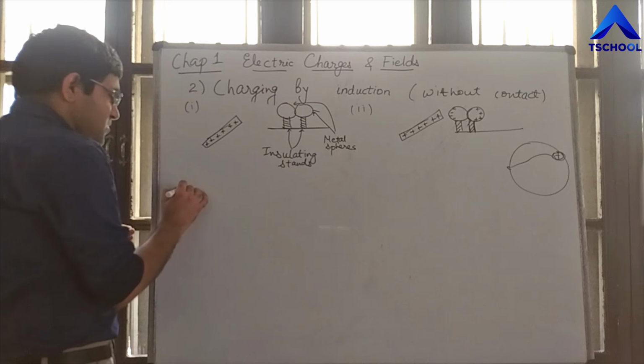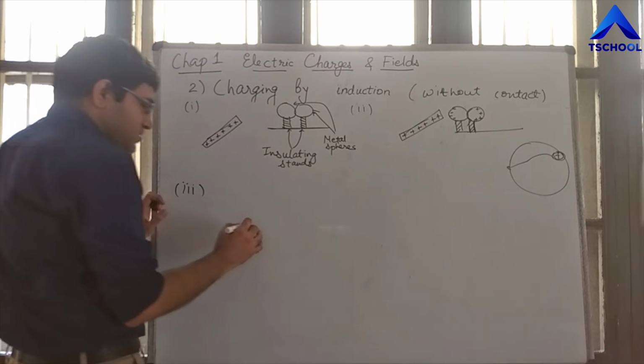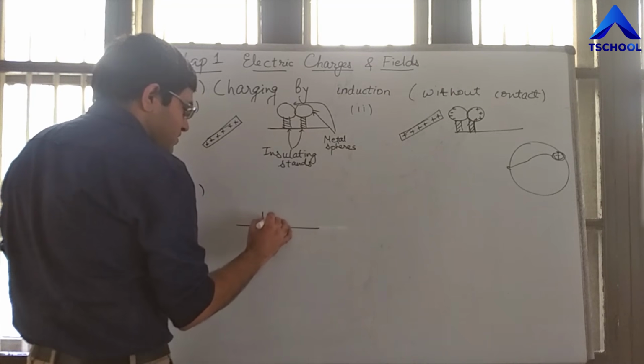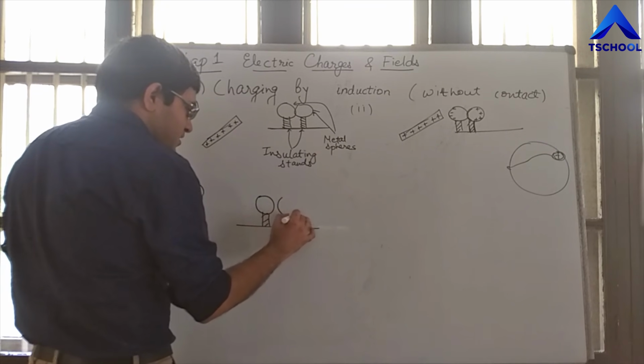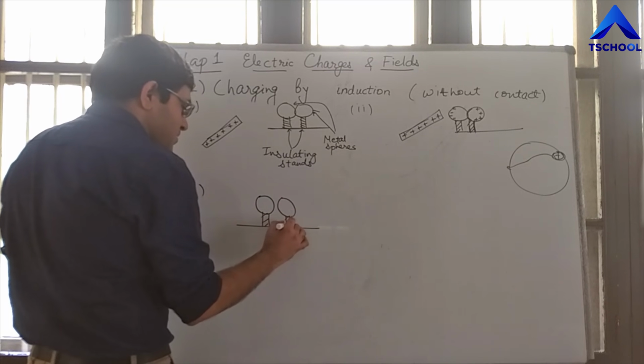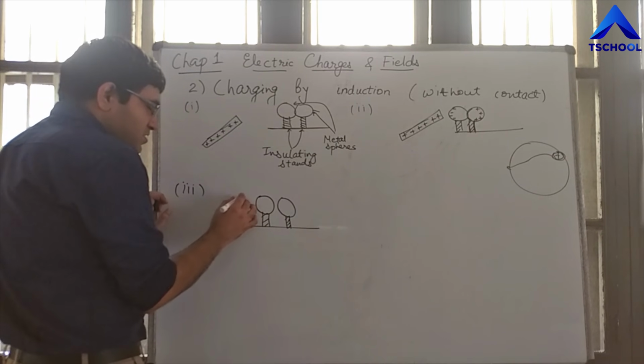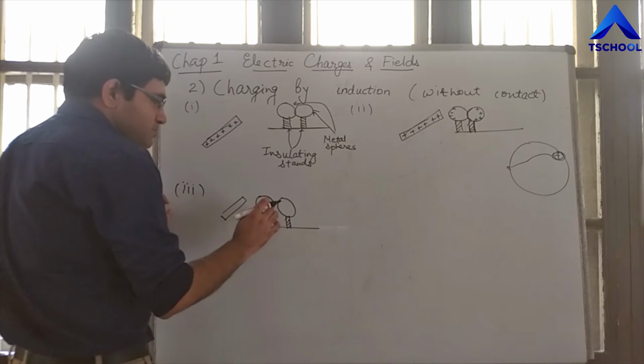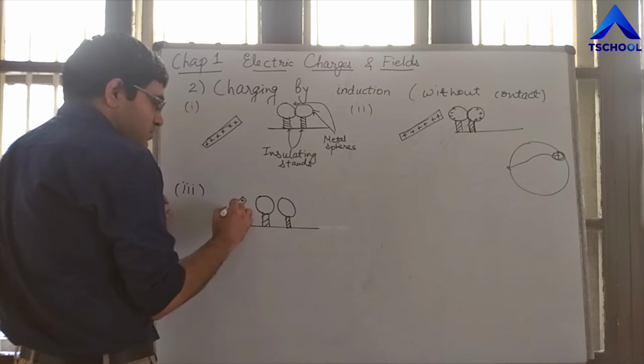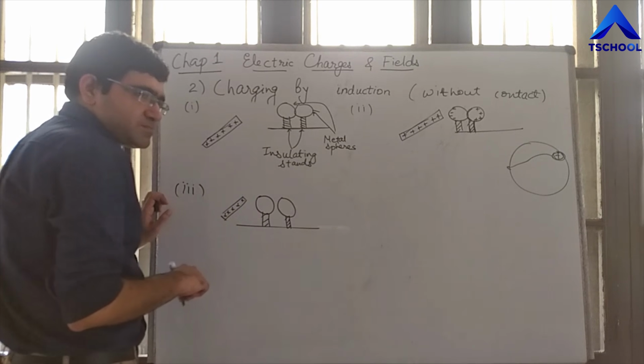So this is what it would look like. We have sphere 1 and now sphere 2, but there is no contact between them. The contact is broken, but the glass rod is still there.